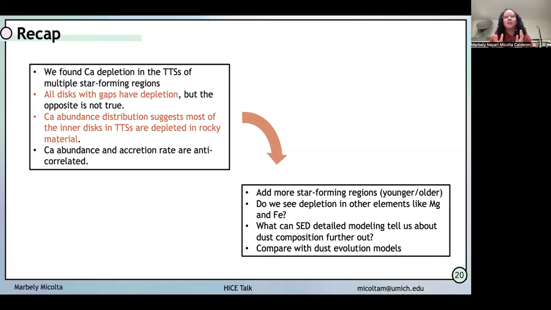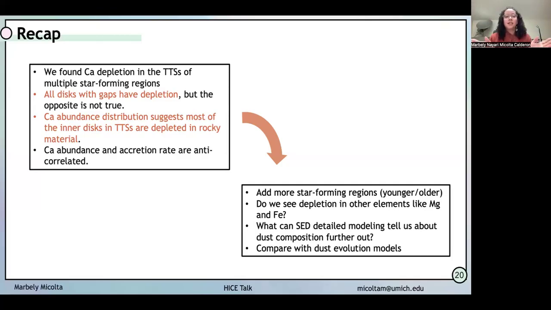So I think it's very interesting that we're seeing trapping of dust by just looking at the spectra of the star. And this could also mean that there is accumulation of dust happening, so there is potential for planet formation to be starting or to be actively happening.